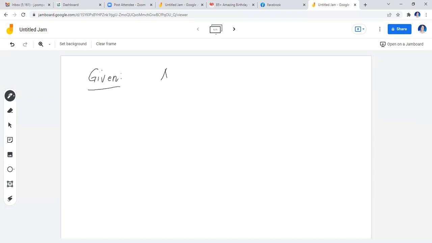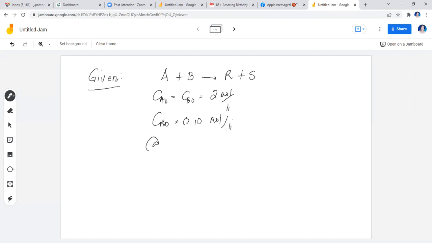You have this reaction A plus B forming R plus S. And then you're given the initial concentration of A and B being equal, and that's 2 moles per liter, and that of R is 0.10 moles per liter. It was noted that after 10 minutes, A is 40% converted. So our conversion is 40%.